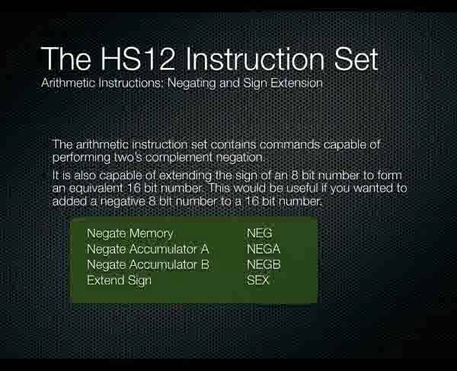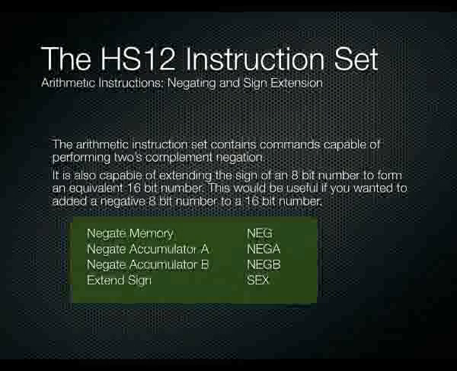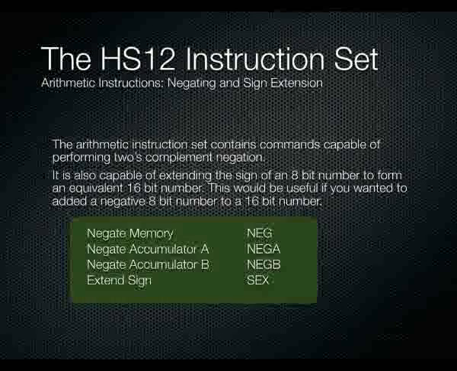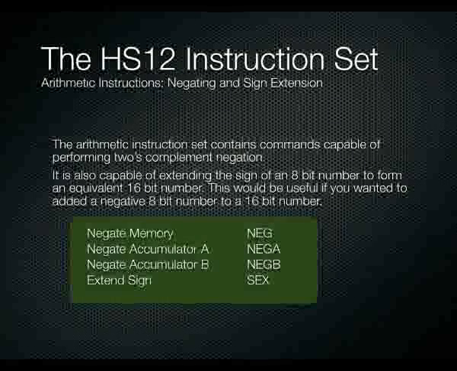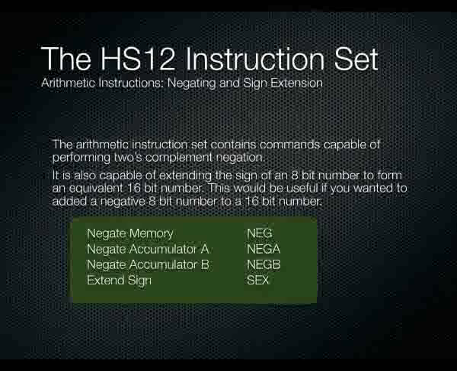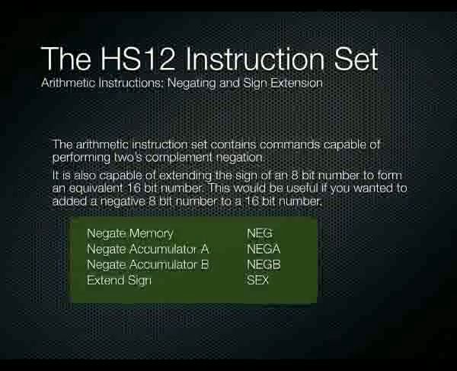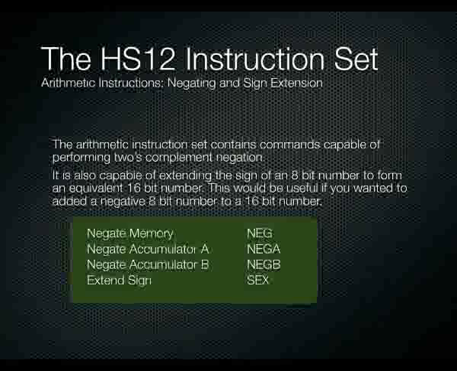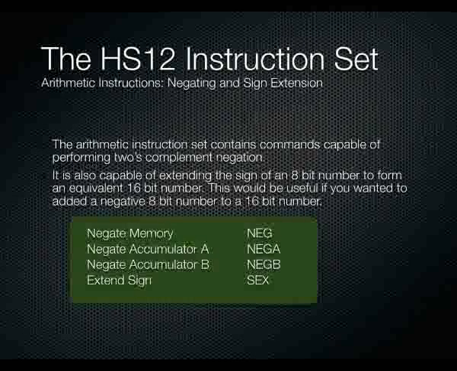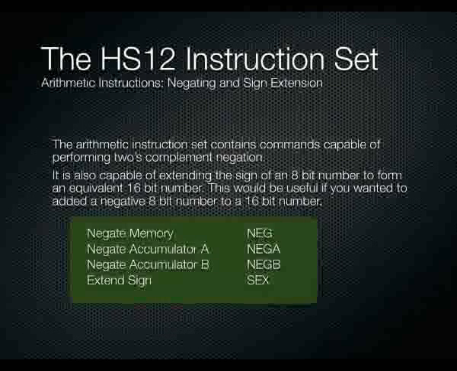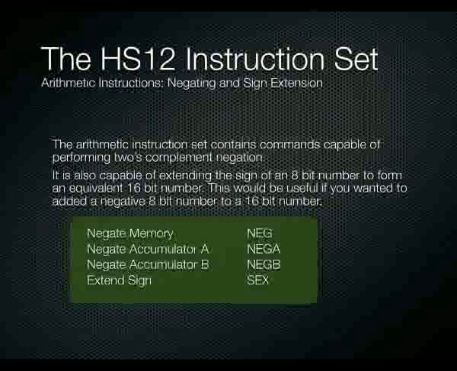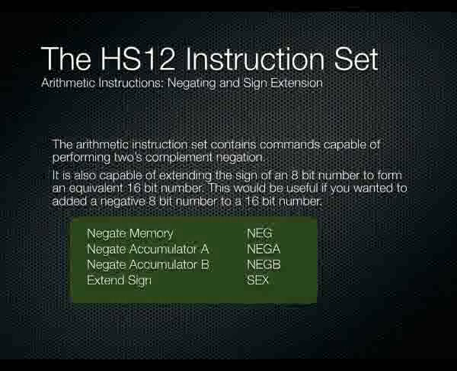So if you assume the number from bit 0 is the least significant bit, bit 7 will be the most significant bit of that 8-bit number. We'll simply read bit 7, and it will simply echo bit 7 from bit 8 all the way up to bit 15. So it'll simply take that most significant bit in the lower byte and echo it up to the higher byte and simply do sign extension.